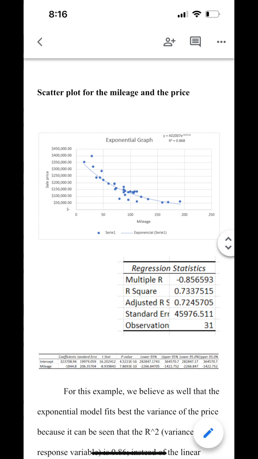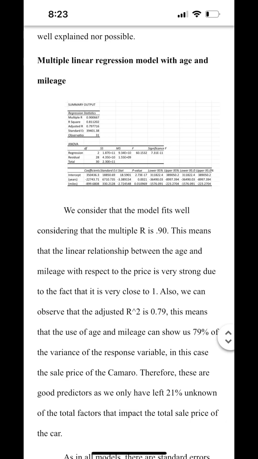In other words, this is explaining that every time the independent variable, which is the mileage, increases, the dependent variable, which is the price, will decrease because of their correlation. The confidence interval used for all the graphs was of 95%, which is considered a high confidence level.